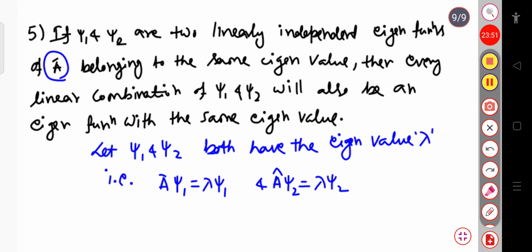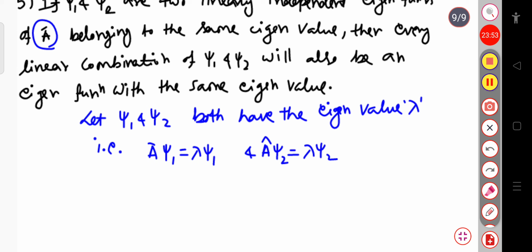Now for any linear combination, suppose A cap operates on C1 psi 1 plus C2 psi 2, where C1 and C2 are constants.